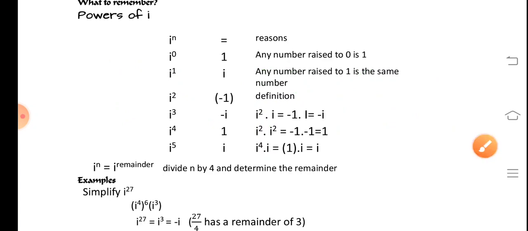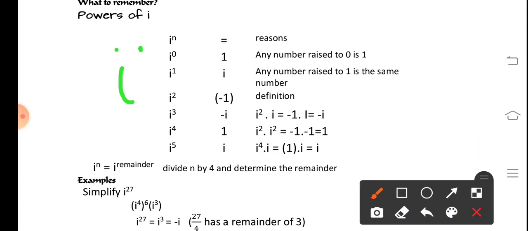Let's say i raised to 59. If we're going to divide 59 by 4, the answer is 14. 14 times 4 is 56.